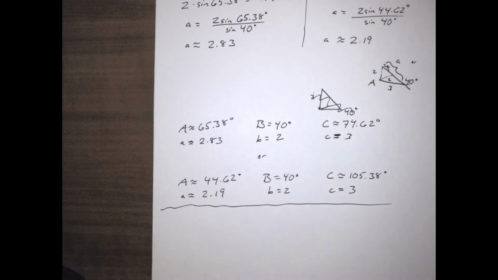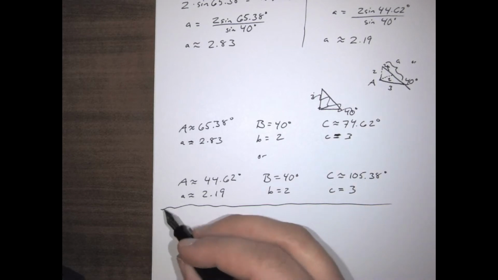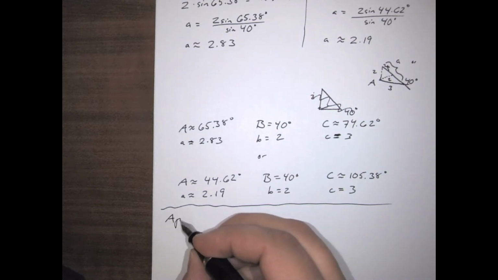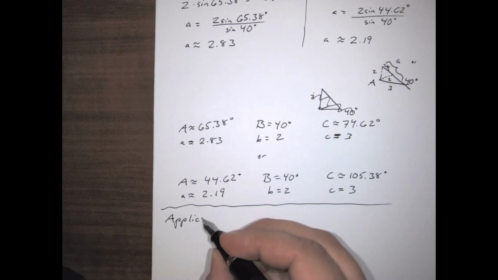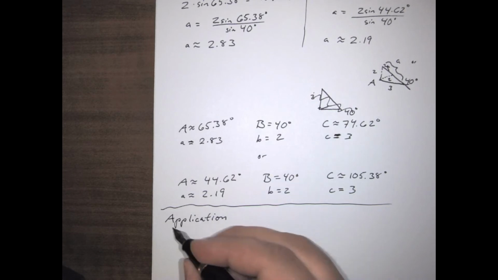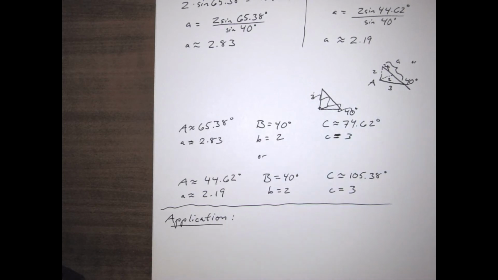All right, now let's see an application. So in an application, the most important thing is if you just draw it properly, you're halfway there. So let's just try an application of this. And we'll see how the law of sines is frequently used in surveying.